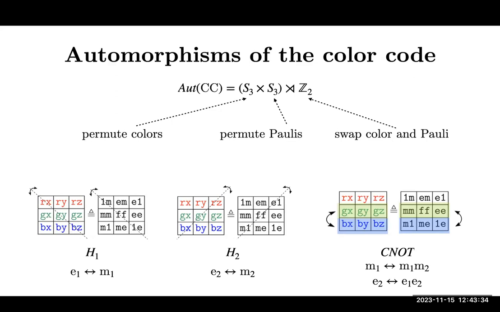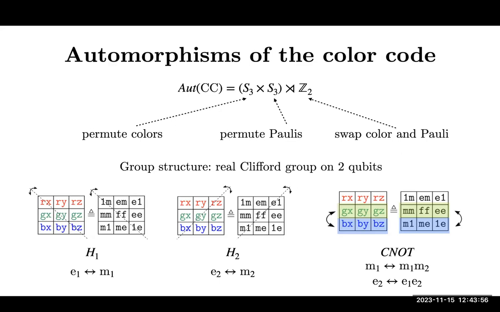For a quantum information person, you might be more familiar with another fact, that the group structure is the so-called real Clifford group of 2 qubits. The way to see it is that this group is actually generated by 3 operators: Hadamard on the first qubit, Hadamard on the second qubit, and CNOT.